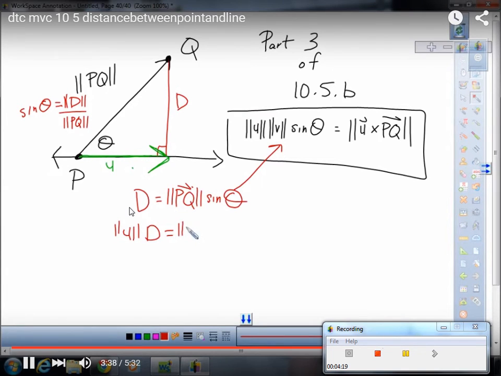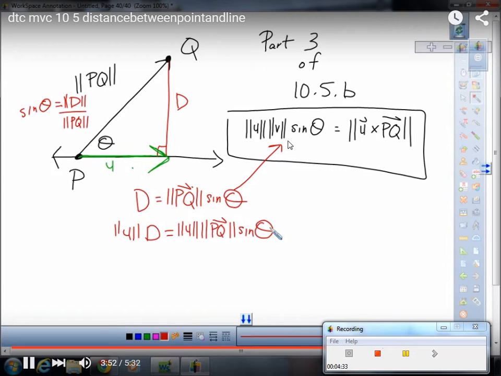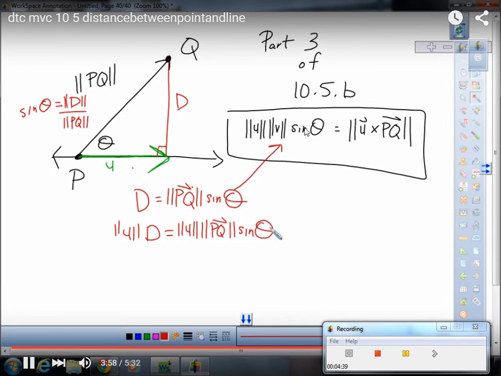Well, if I multiply this side by the magnitude of U, then I have to multiply this side by the magnitude of U. Do you all understand what I just did there? And now look what I have over here. I've got this. Do you see that? So what can I substitute out this left side with? The magnitude of the cross product. So now I have succeeded in getting rid of that angle. Now I don't need theta anymore.